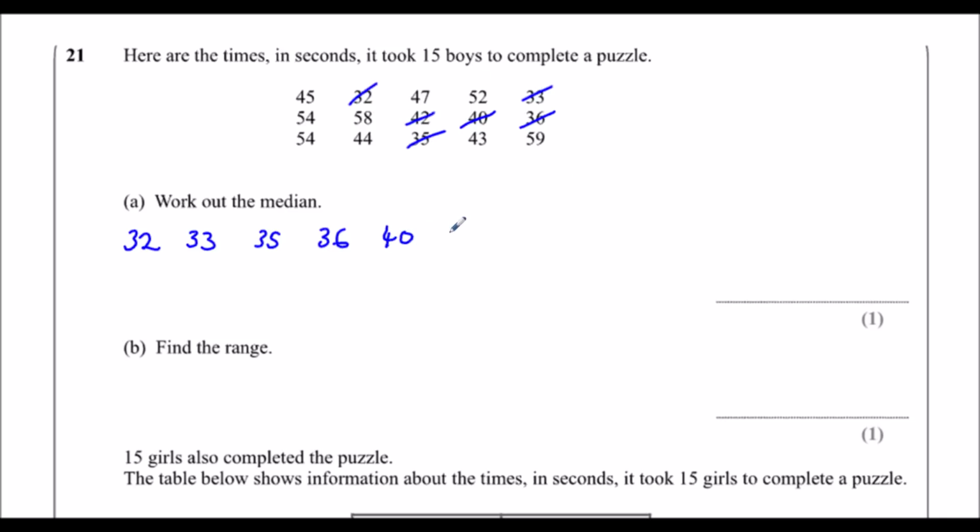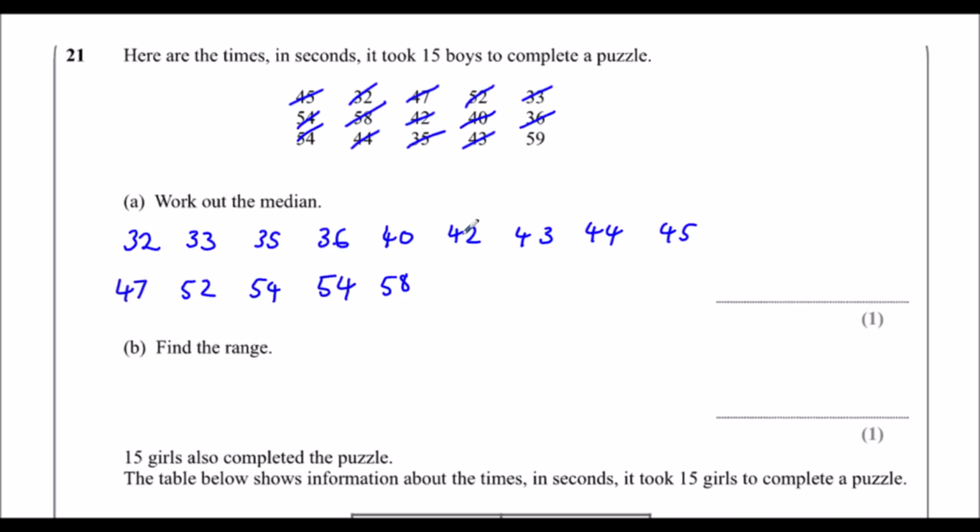There's no 41, so 42, 43, 44, 45, and 47. Then on to the 50s, we've got 52. We've got two 54s. And a 58 and a 59.